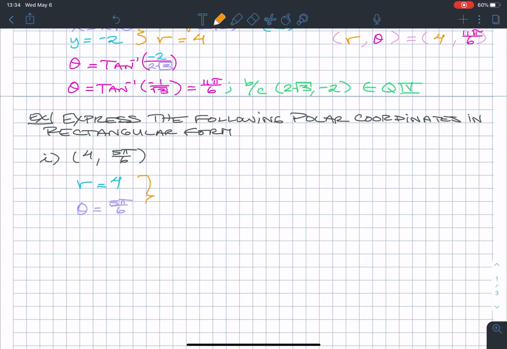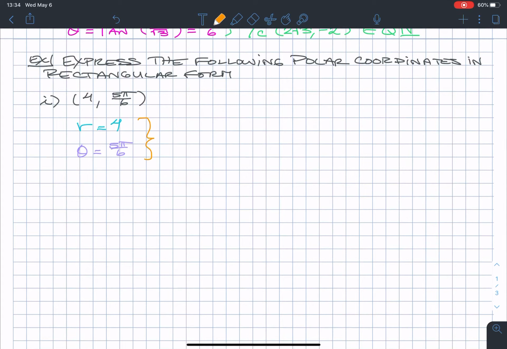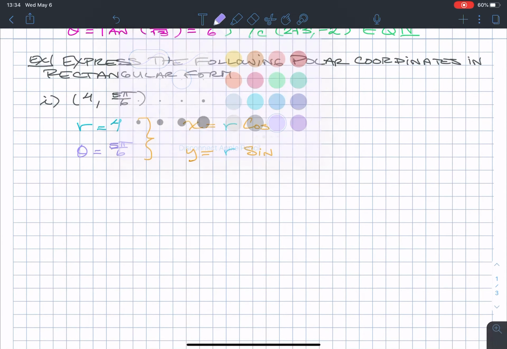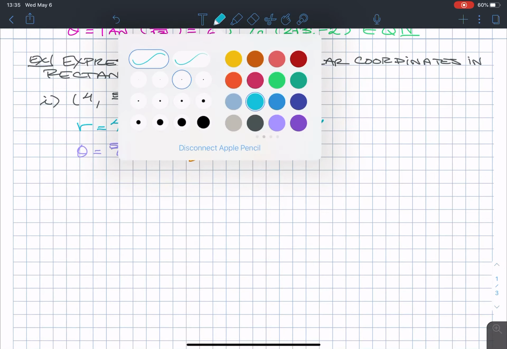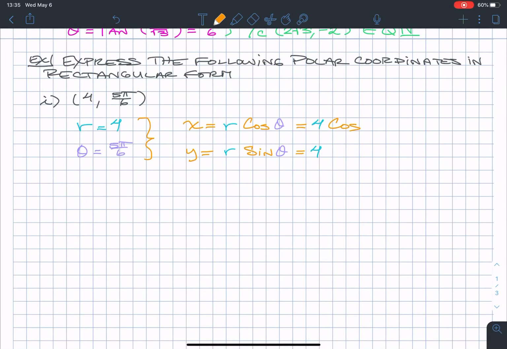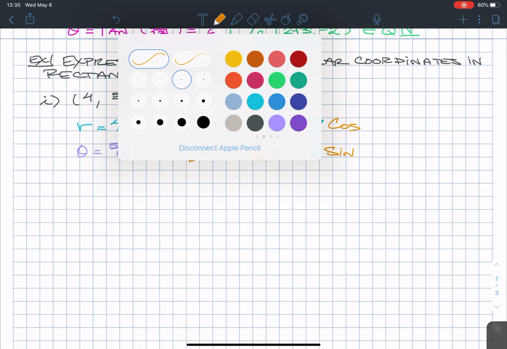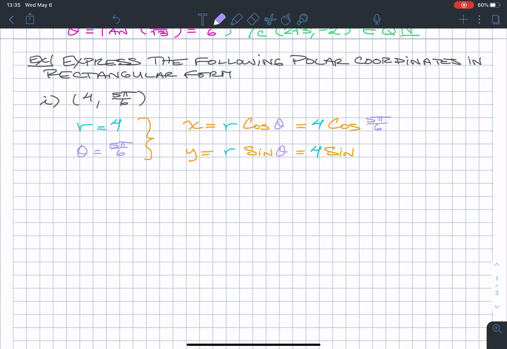Okay, so in order to find x and y, I know that x is going to be r times cosine of the angle, and y is going to be r times sine of the angle. So this will be r cosine theta and r sine theta. Okay, so x is going to be 4 times cosine of 5 pi over 6, and y is going to be 4 times sine of 5 pi over 6.